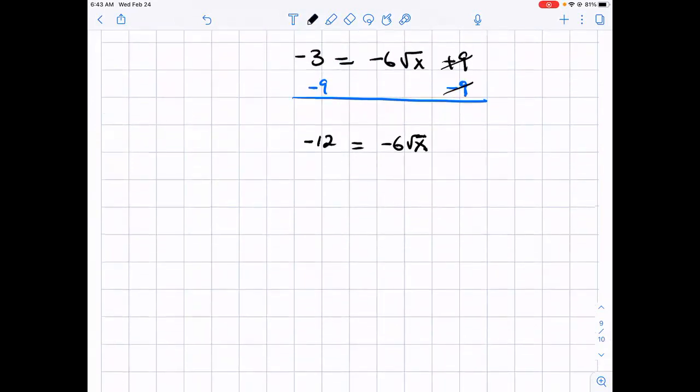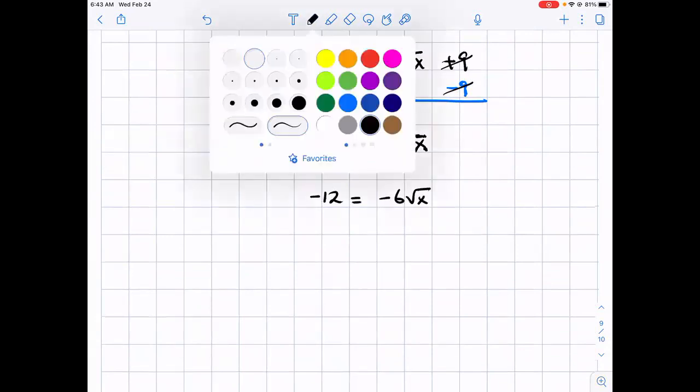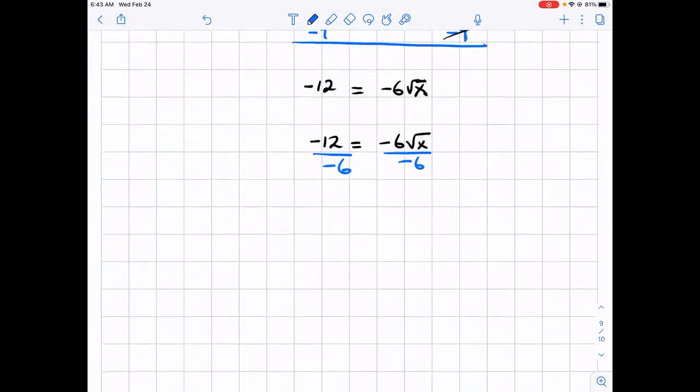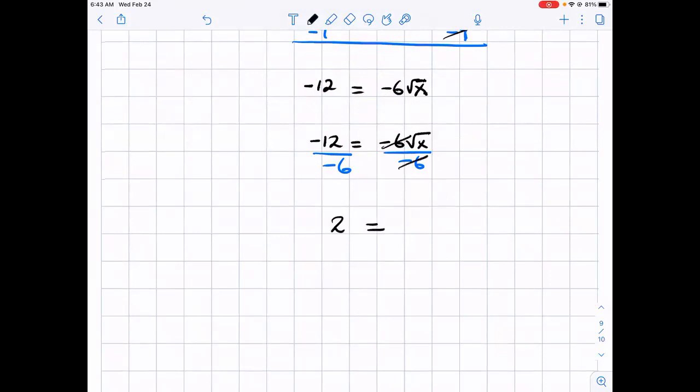Now, to get rid of that -6, since it's a product there, since we're multiplying, we will divide by -6 on both sides. And -12 divided by -6 produces a +2. And this -6 divided by that -6 becomes +1.